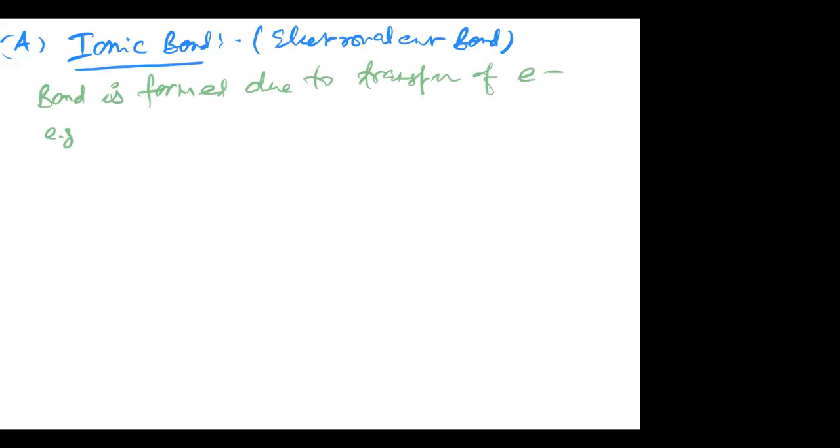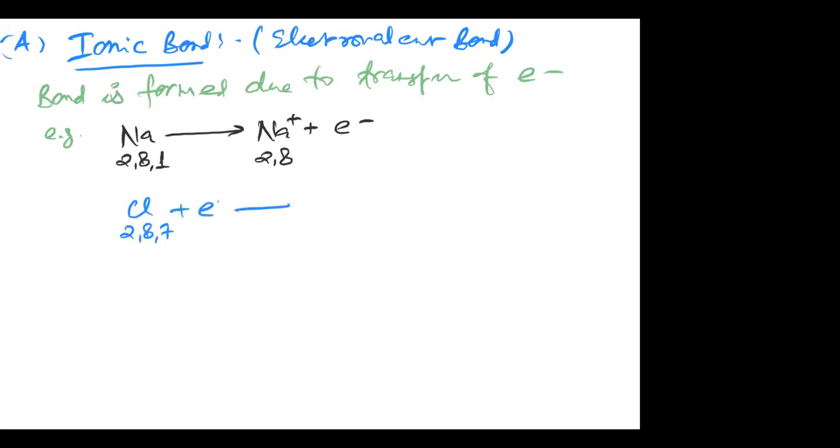For example, if it is Na, its electronic configuration is 2, 8, 1, and it will convert into Na plus while losing an electron, and it is 2, 8. Same as far as chlorine is concerned, it is 2, 8, 7, and it will gain an electron and convert into chloride ion, and it is 2, 8, 8 as far as electronic configuration is concerned.